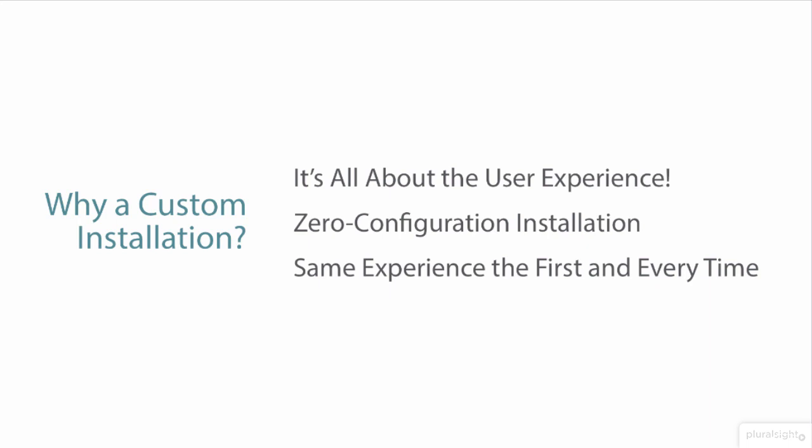It's got a unique looking dialog box when it does that, and it's going to try to determine, hey, are you a WebEx cloud user for Jabber messaging? Are you an on-prem presence user? It's doing that through a discovery process. Well, I don't want that to happen. I want the application to already be tuned to behave the way I want it to behave in the environment that I've configured. So, same experience the first time and every time.